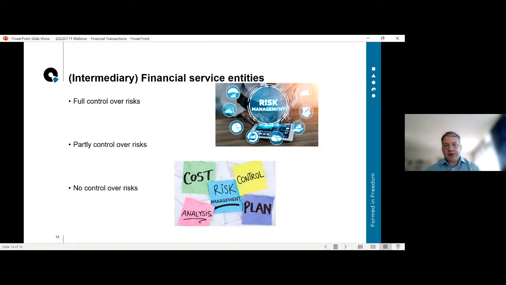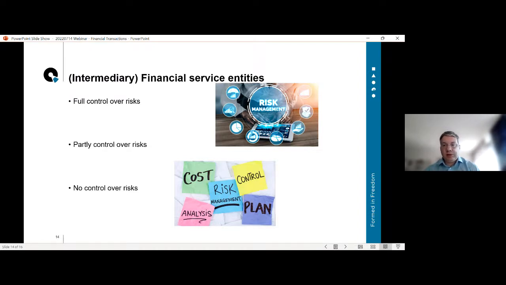On the other side of the spectrum, the decree describes an intermediary financial entity that does not have any control over risk. So it means an entity that only carries out routine support activities in respect of the incoming and outgoing loans.